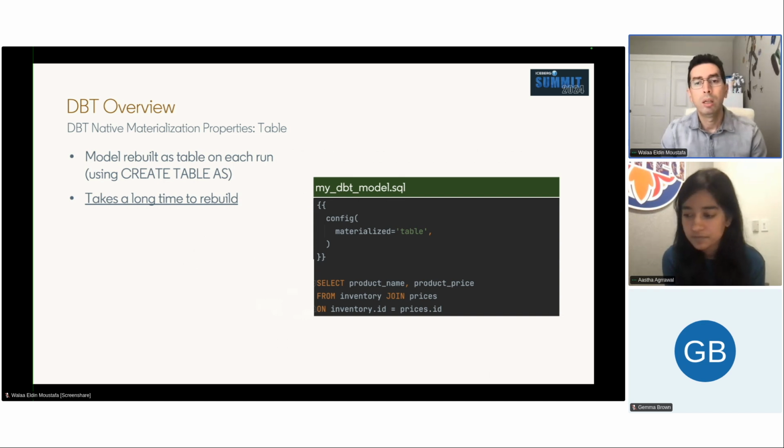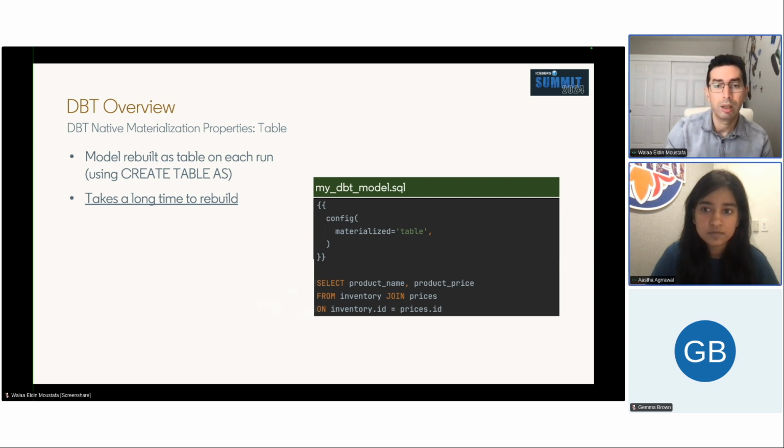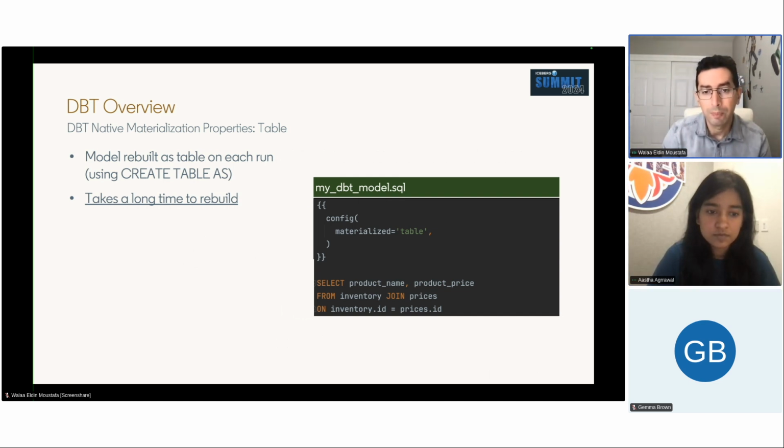So one key concept in DBT is the materialization mode. Basically, users build a model, which is presented here on the right-hand side as a SQL file that contains their select statements. And the materialization concept that is the topic of this slide basically allows the user to have this query written to another output table according to hints that are provided in that materialization mode.